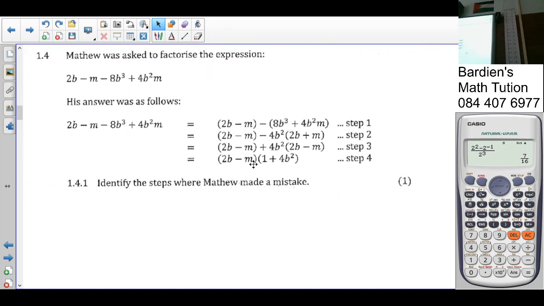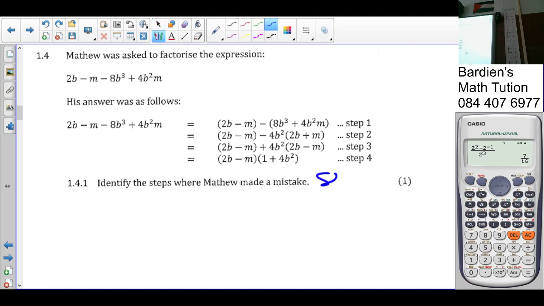Right. Matthew was asked to factorize the expression. His answer was as follows. Identify the step where Matthew made a mistake. So you can't say Matthew didn't make a mistake. So where did he make a mistake?